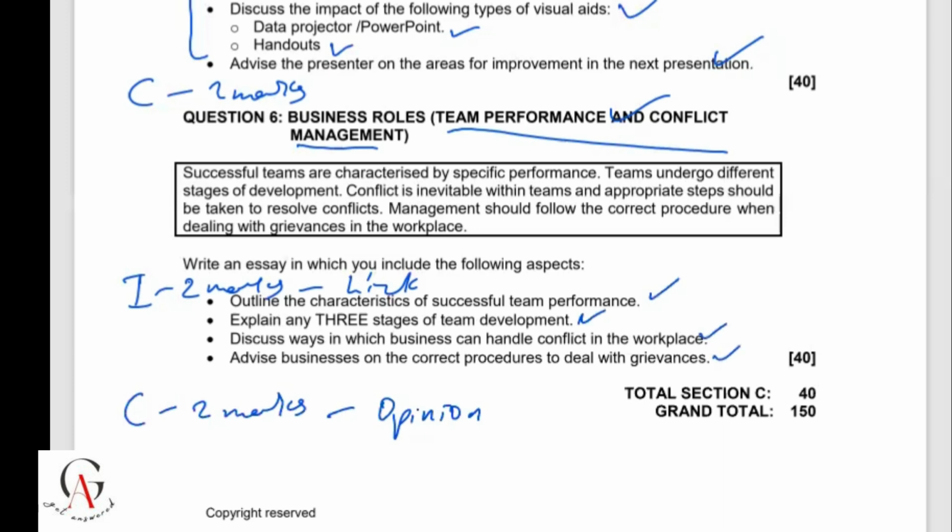So now let's check our first bullet, where we're supposed to outline the characteristics of successful team performance. Successful teams normally share a common goal, as team members are part of the process of setting goals for the group. There is a climate of respect, trust, and honesty. Successful teams have sound intra-team relations.